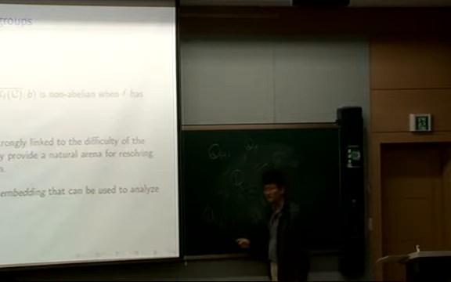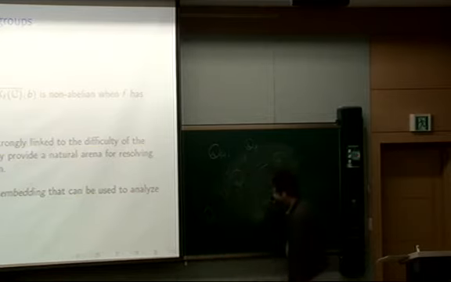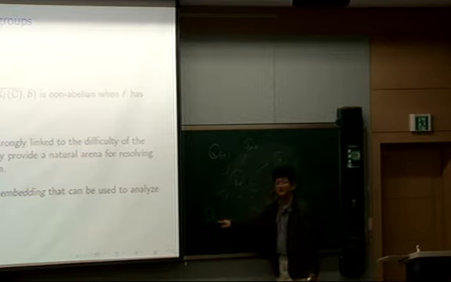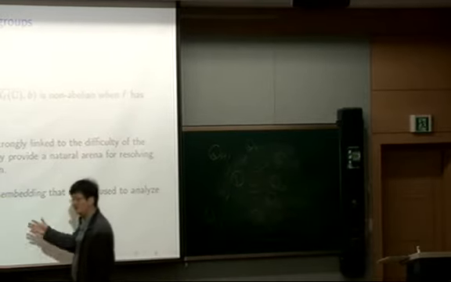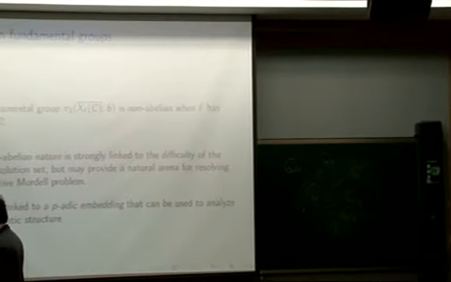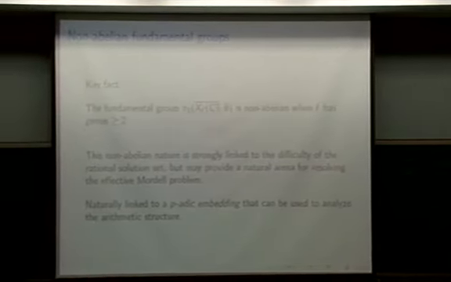And the point is that, similar to the real picture, if we embed Q into any one of these other fields, we get a different geometry that gives us different insight about, say, rational solutions to Diophantine equations. And that's the idea. People have used this idea for a long time as well. But the precise form whereby different p-adic embeddings are related to the fundamental group is a relatively new development.